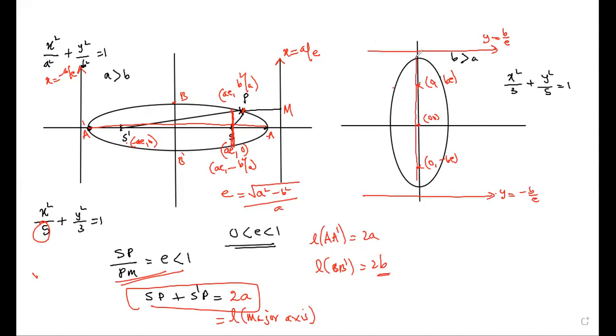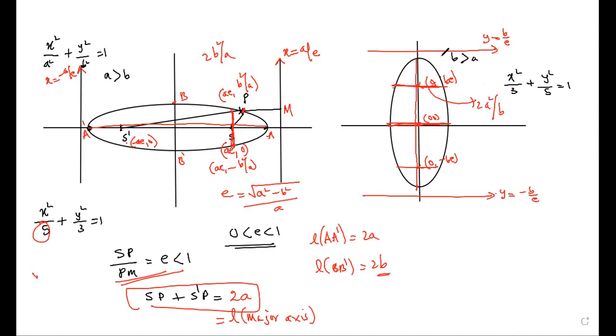This length is 2b. And the minor axis is 2a. This length is 2a. So the length of the latus rectum here is 2b square upon a. And here the length of the latus rectum will be 2a square upon b. This much we learned last class. Now I have just given a summary.